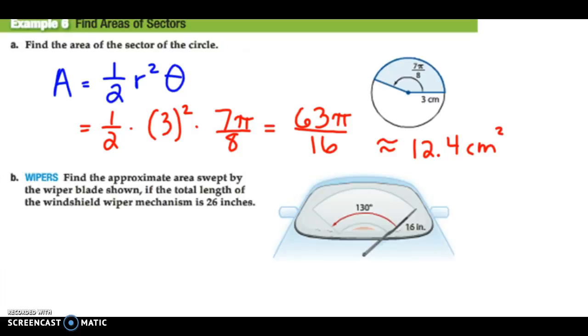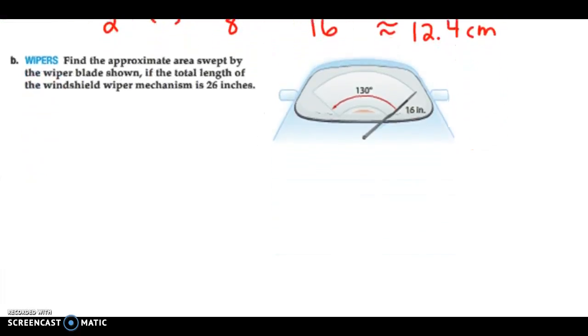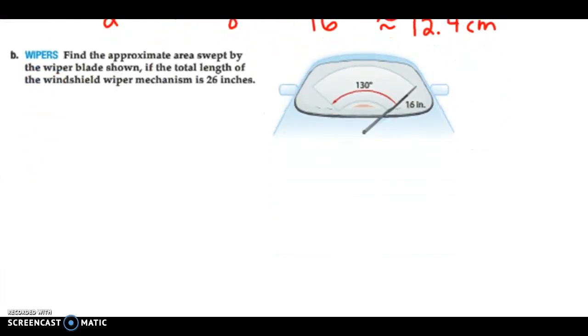All right, next problem we have right here talks about windshield wipers. Find the approximate area swept by the windshield wiper blade shown. The total length of the windshield wiper mechanism is 26 inches long. So the first thing we have to do is we have 130 degrees, and we need to get this into radians.